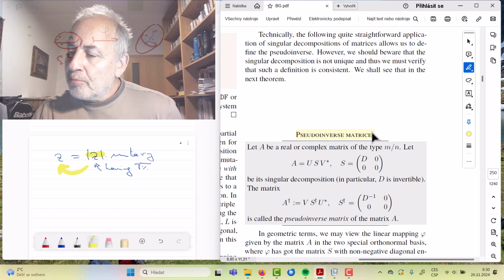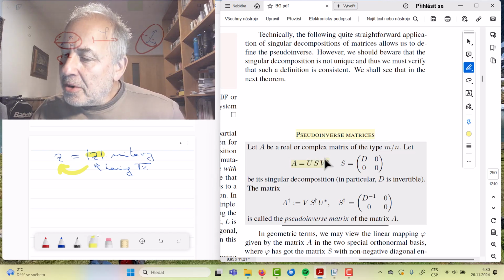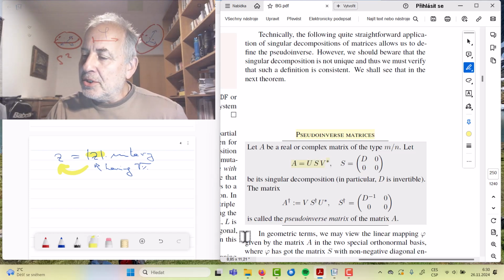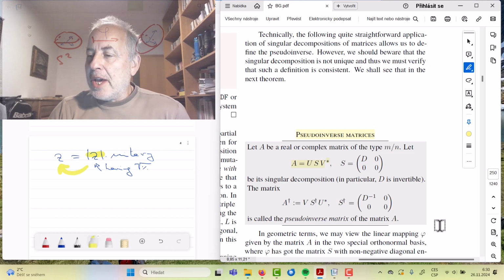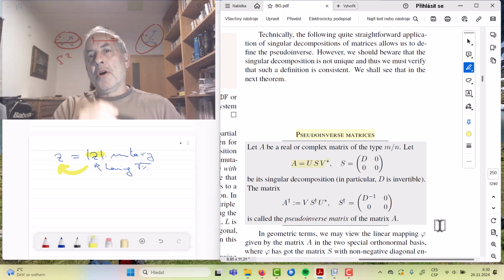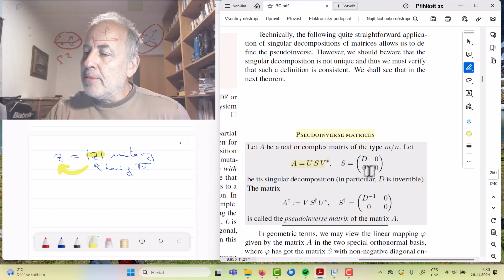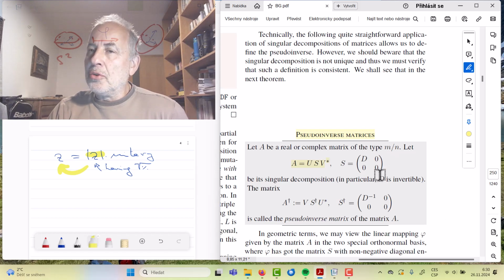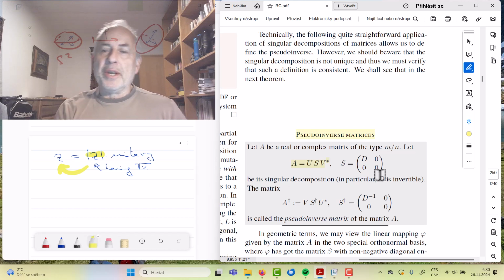As we have heard in the last presentation, every matrix A with m rows and n columns can be put into a diagonal form, choosing orthonormal bases in the beginning and the end, right?